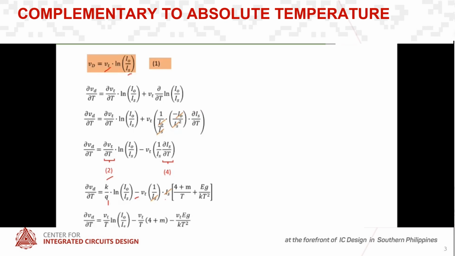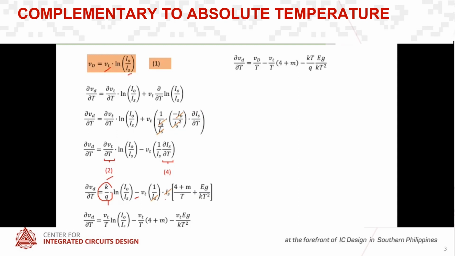We also know that Vt is equal to kT over q, so k over q is just equal to Vt over T. So we have Vt over T times ln(Io over Is) minus Vt over T times (4 plus m) minus Vt Eg over kT squared.